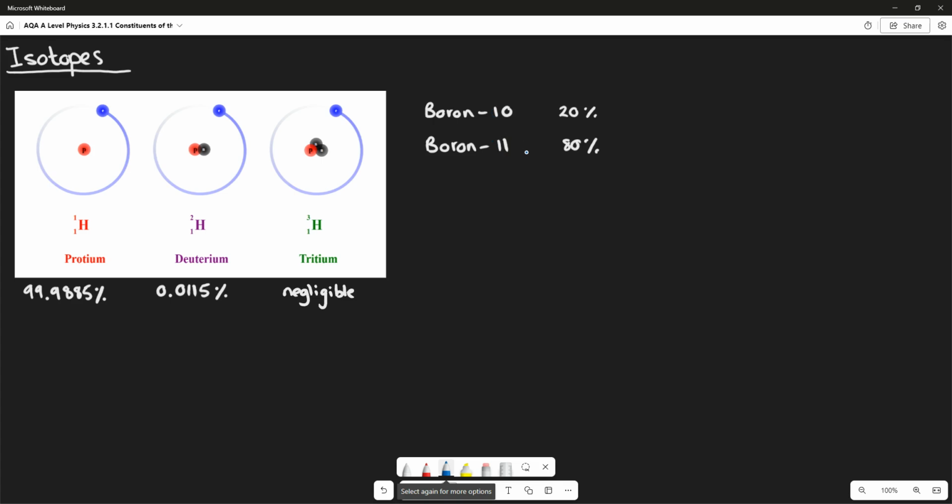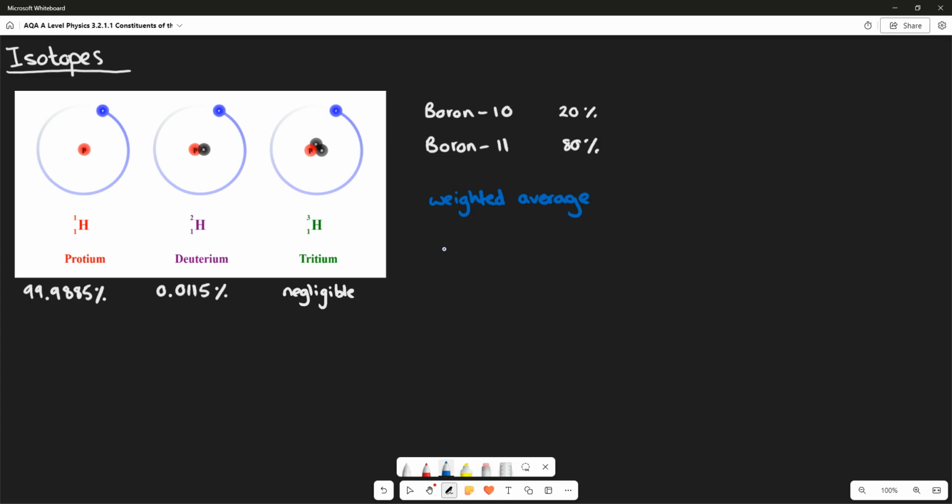And we can calculate that by taking something called a weighted average. Usually, when you calculate an average, you're assuming that every data point is equally valid. But if you know that 80% of this number is important, but only 20% of that number is important, then we can do a weighted average to take it into account.